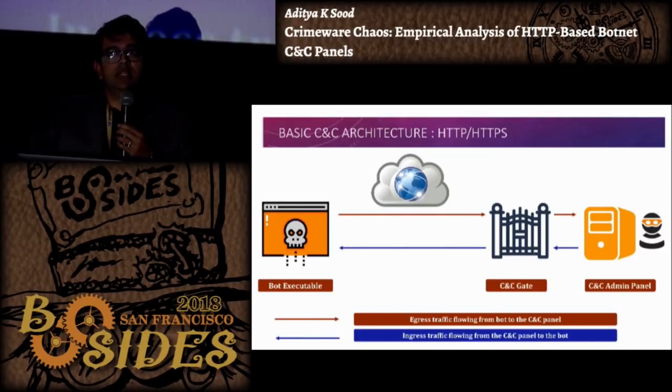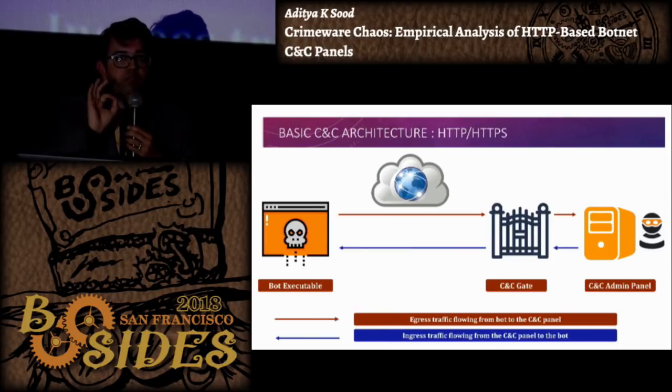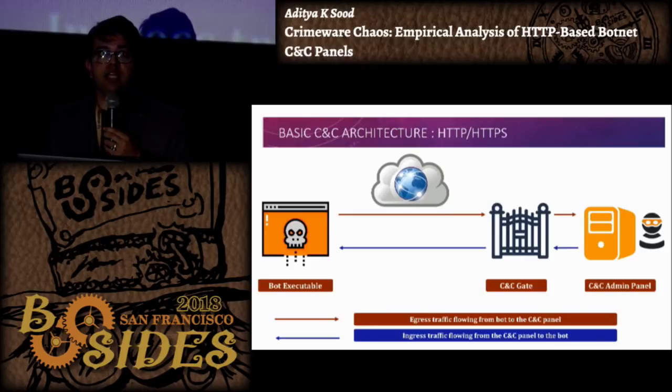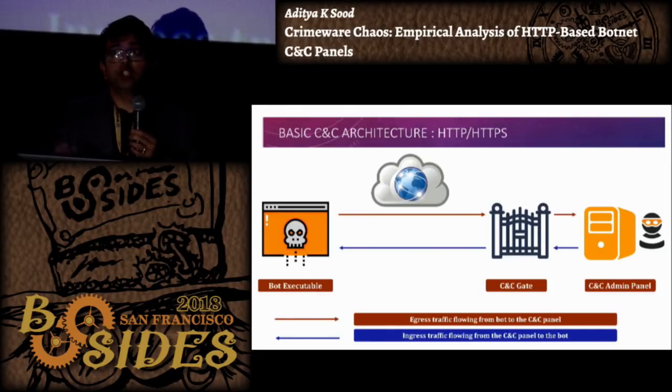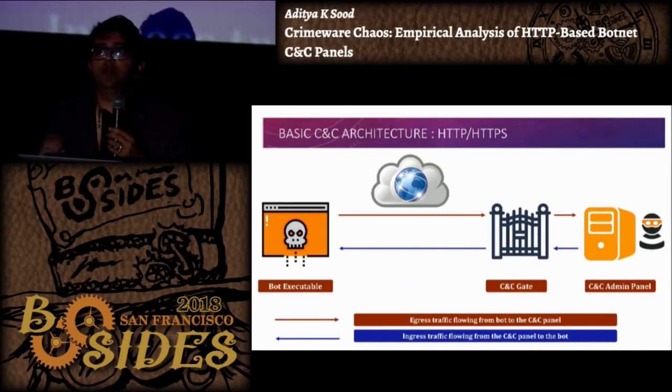So the bot sends data, and the gate is going to filter it and look into it: which kind of bot is sending what kind of data, and whether there's a checksum associated with that data. If there is any anomaly, the CNC gate is going to filter that traffic out. So it's like a cleaning process, right? When security researchers come back and do some kind of analysis, they can still connect back to the CNC domain and try to mimic the behavior of a bot.